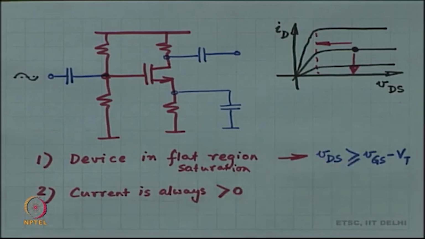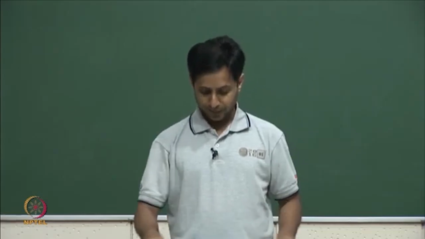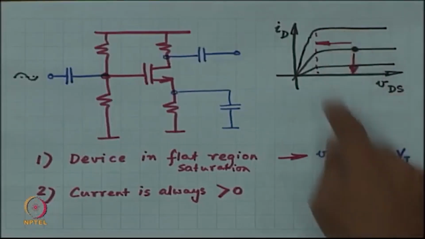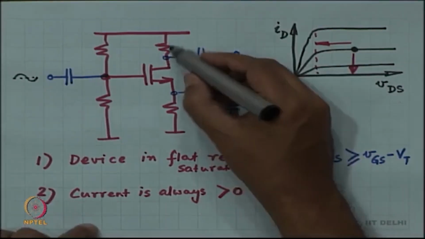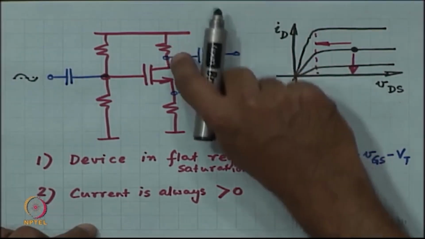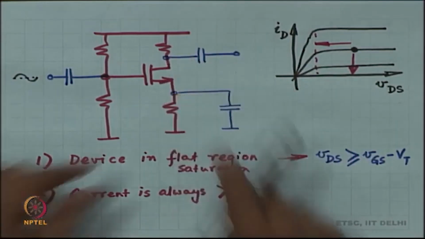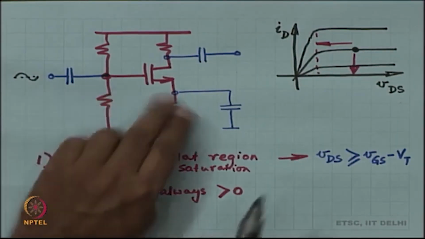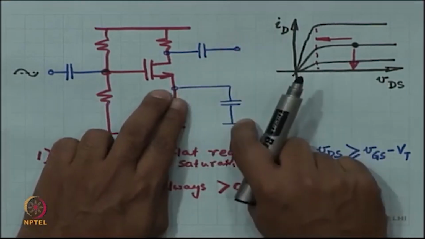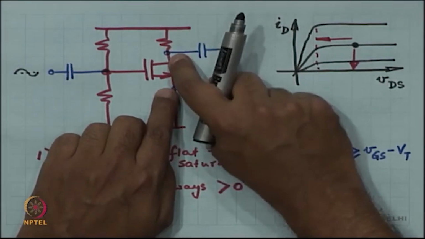These are the two extreme limits, one on the top. If I increase the current too much, then what is going to happen? If I increase the current through the MOSFET, then this voltage is going to drop, this voltage is going to increase maybe if this resistor is there. If this resistor is not there, then it is fine, this voltage is clamped, but the drain voltage is dropping, right.